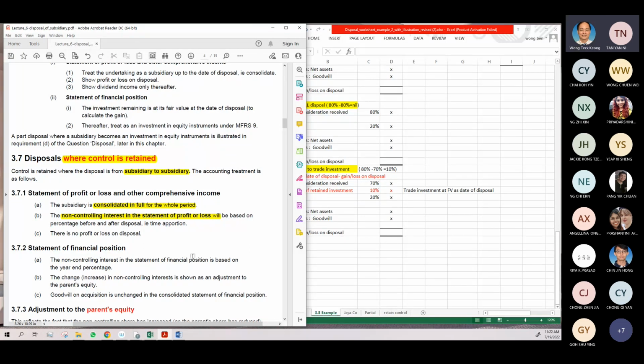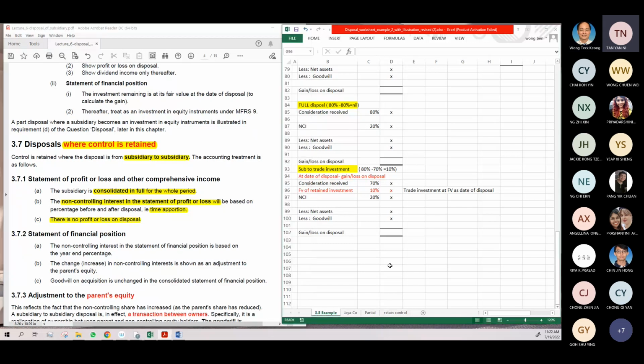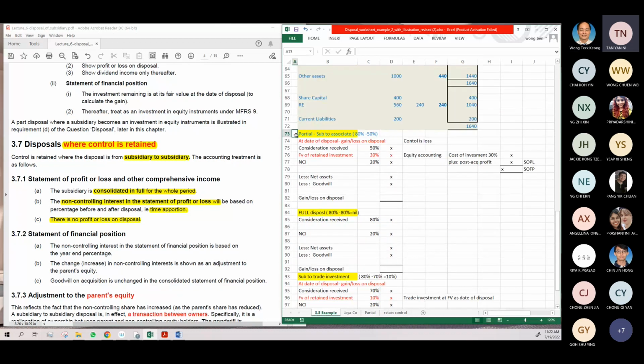So just time apportion. Maybe first 6 months of the year, NCI 20%. Second 6 months of the year becomes 30%. Just time apportioning. So in this case, remember, no profit and loss on disposal. So in the first three, where control is lost, you have gain or loss on disposal. Not when control is retained. So you have 1, 2, 3 here.